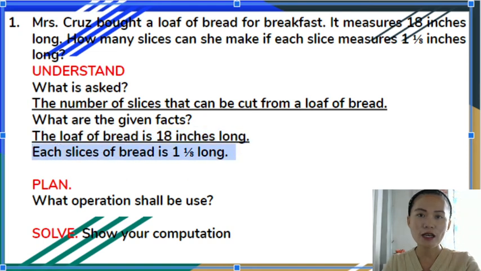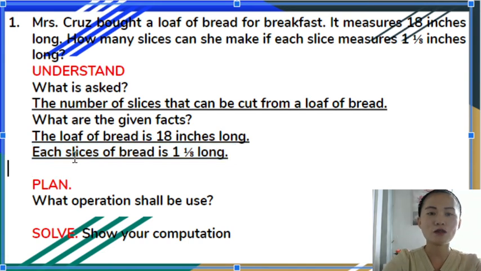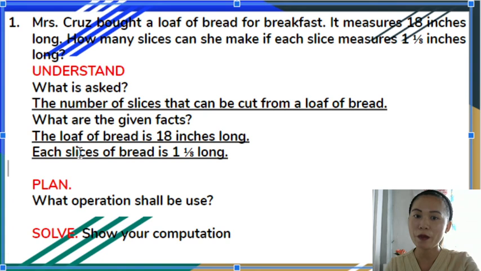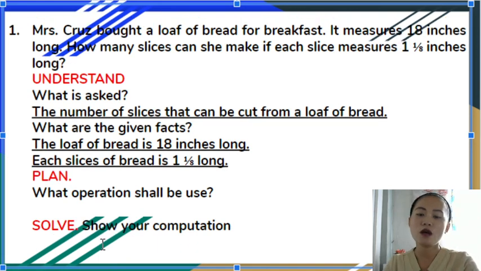Now, what is the importance of identifying those? For you to easily identify what operation you're going to use. What operation, if that is only one, or operations if it requires two operations in solving the given problem. So, tingnan natin.